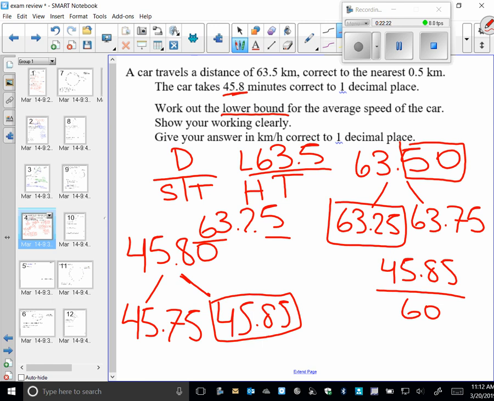Can you repeat that, by the way, please? 0.7642. And then put that in the calculator. You mean you can't do that in your head? Oh god, useless, rubbish. 45 divided by 60 in our head. 82.7.